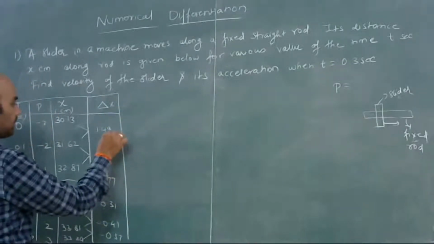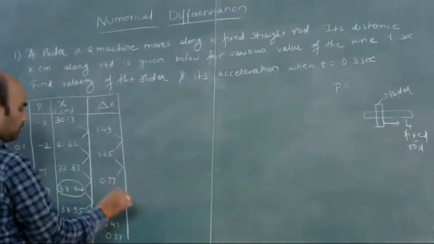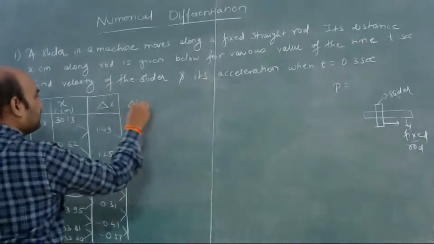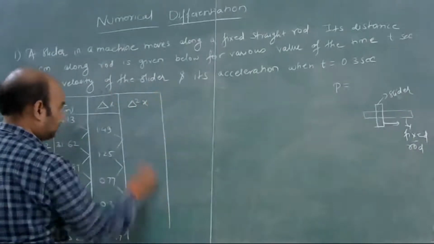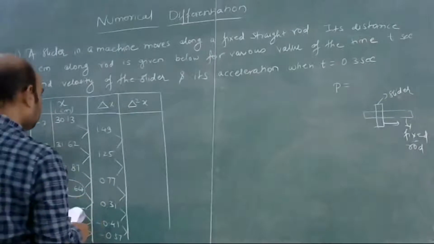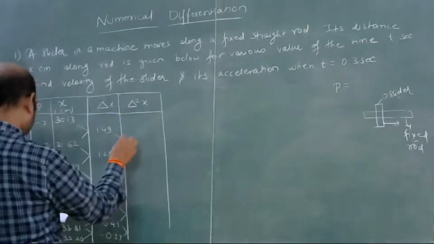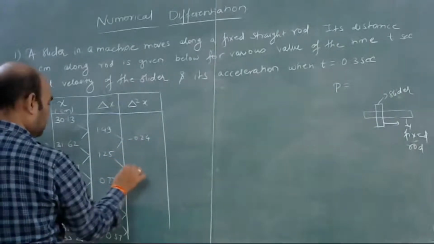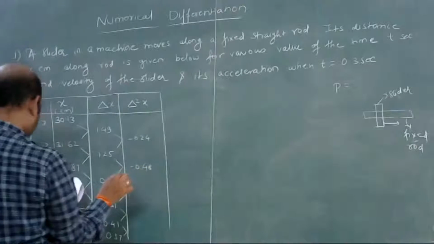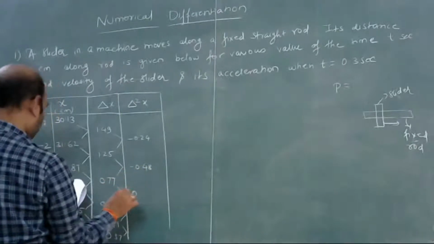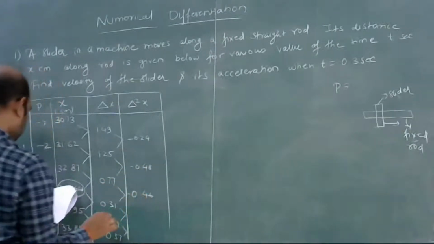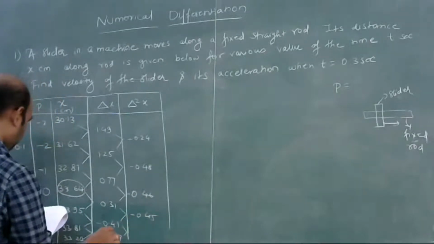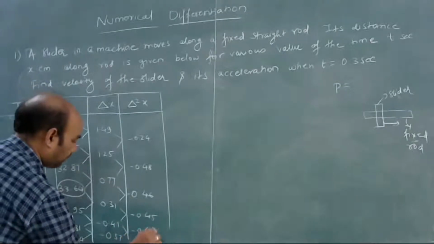Then we go with second difference, del square x. So this will be minus 0.24. This is minus 0.48. This is 0.46 minus 0.45. Difference of these two is minus 0.4.